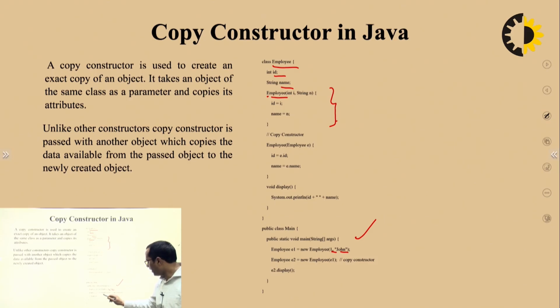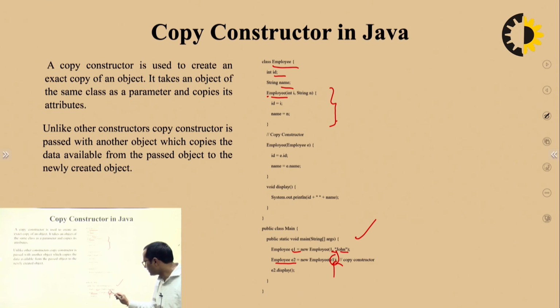Now we have created another object here, and what have we passed? E1. E1 is the object of the same class. The object of the one class is passed to the constructor, and it will create another object having the same parameters.